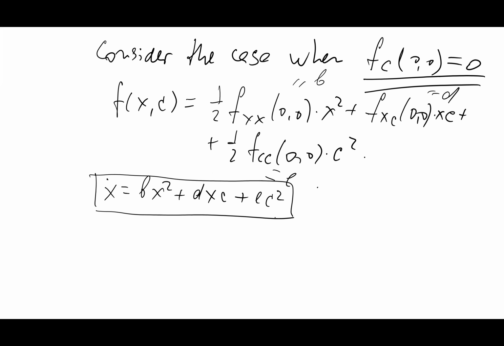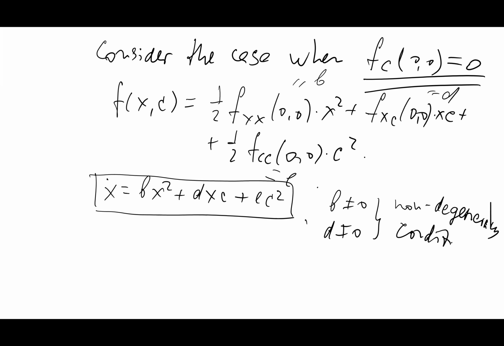So we can assume that b and d are non-zero. Let's put it like this: b non-zero, d non-zero. These are non-degeneracy conditions for transcritical bifurcation.